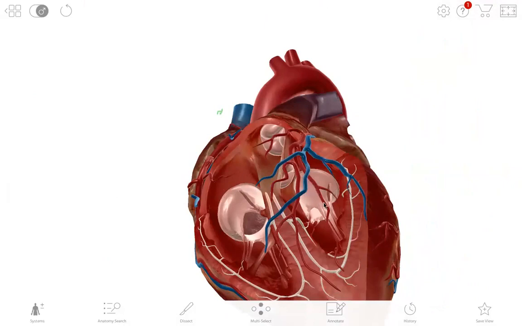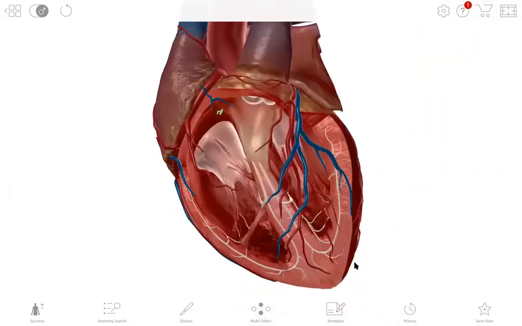It consists of 2 cusps, an anterior cusp and a posterior cusp, connecting through the chordae tendineae to the anterior papillary muscle and the posterior papillary muscle. Here I don't have a septal cusp. So I have the tricuspid valve on the right side and the mitral valve on the left side. On the right I have anterior, posterior, and septal papillary muscles, while on the left side, I have anterior and posterior papillary muscles only.